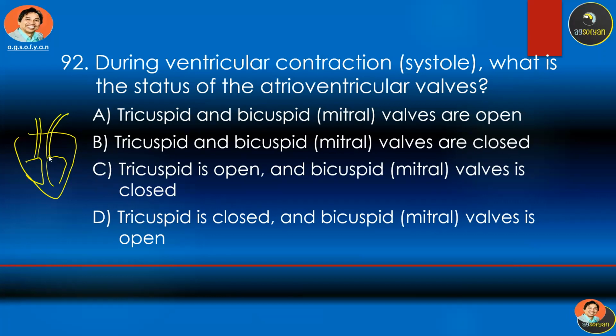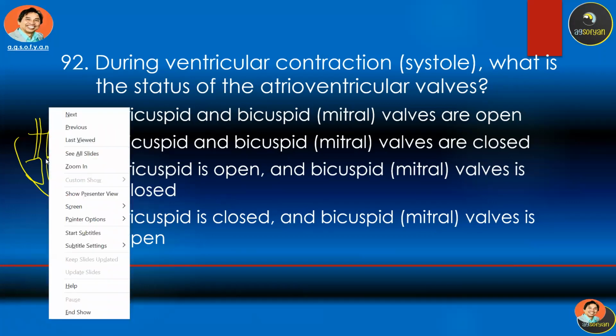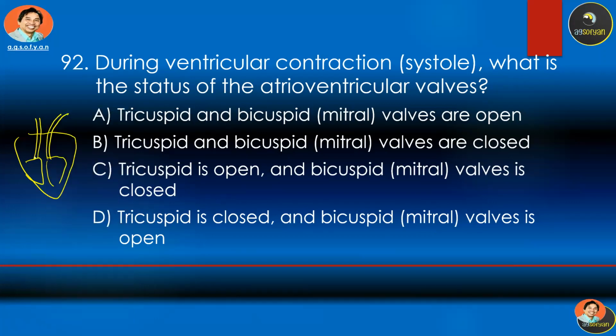Both of these valves will be open, the pulmonary valve and the aortic valve. But the other two valves, the tricuspid and bicuspid, will be closed during systole.